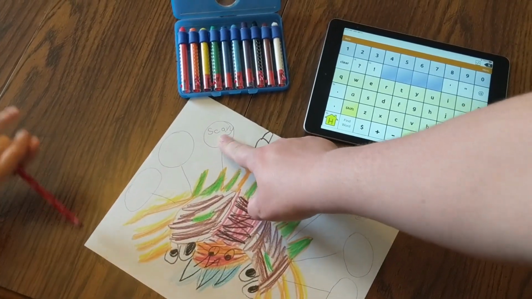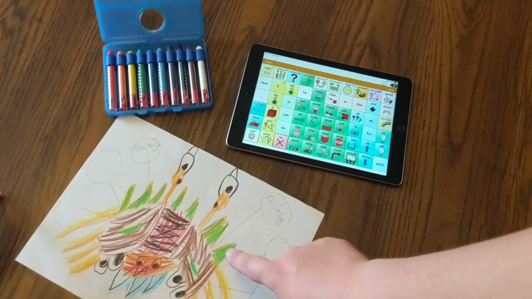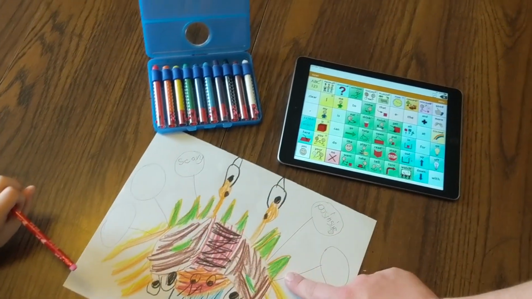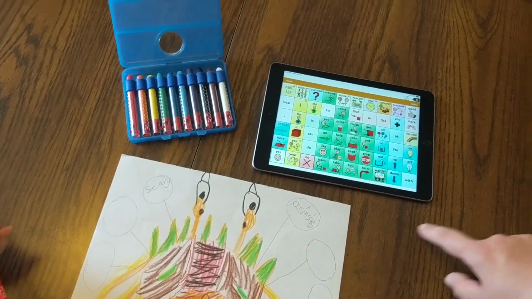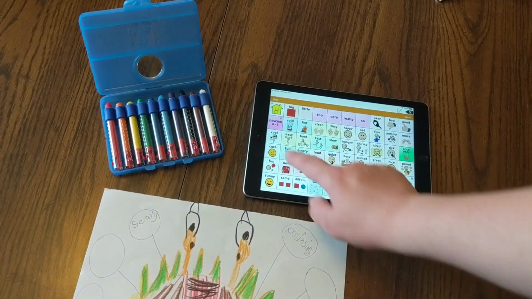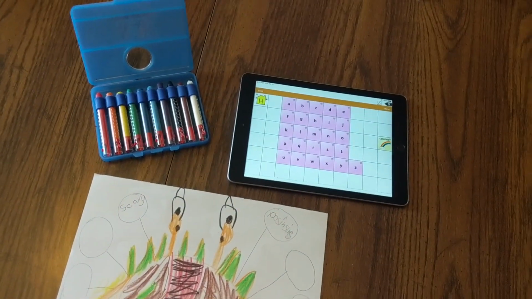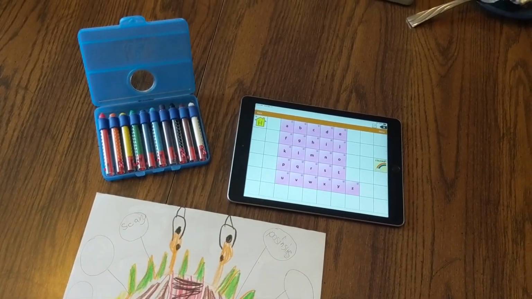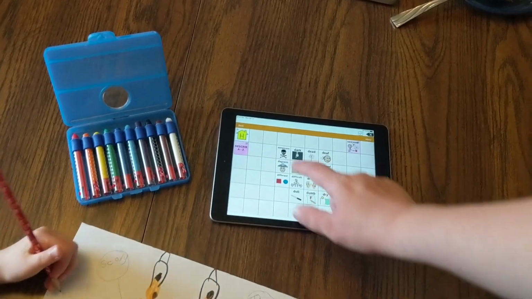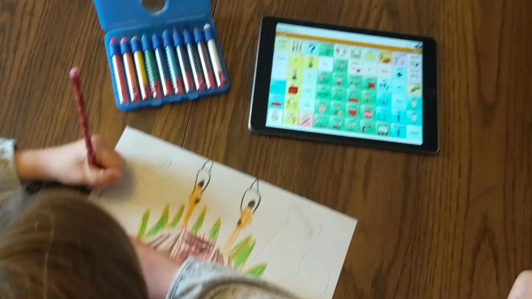You're starting to be scary to me. Okay, so let's think about if other animals see the spikes, they're going to think that he looks like somebody they don't want to mess with, right? Maybe dangerous. So I'm going to go to describe D. Dangerous. Dangerous.